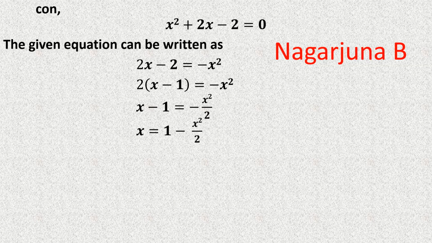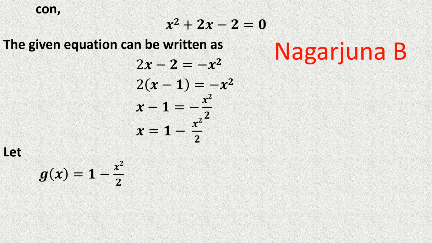So this is the equation which we have got by considering the given equation x square plus 2x minus 2 is equal to 0. That x square plus 2x minus 2 equal to 0 we have considered as f of x, and the equation which we have written from that equation, that is x is equal to 1 minus x square by 2, we consider as g of x.